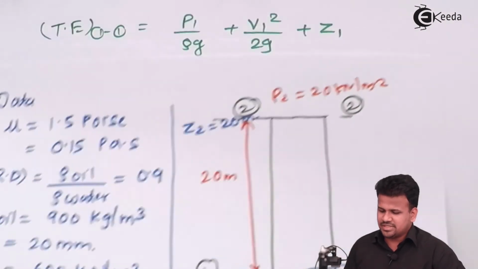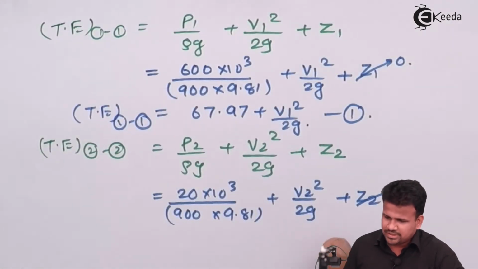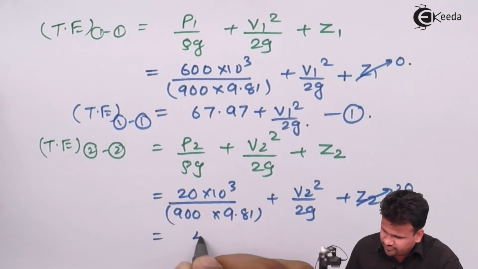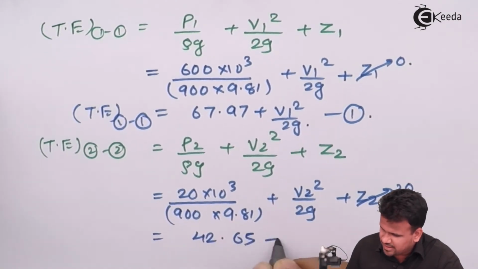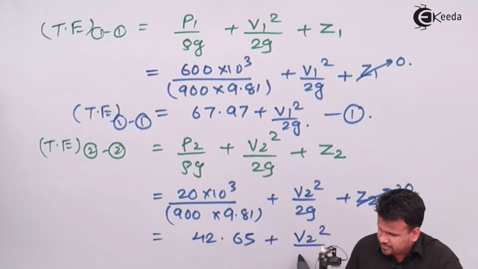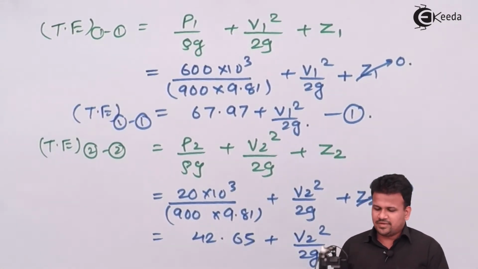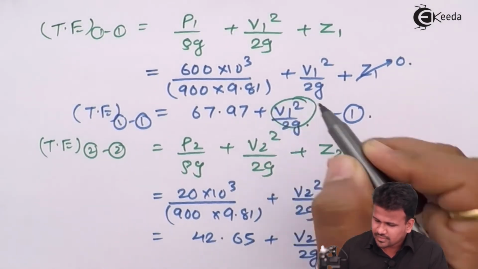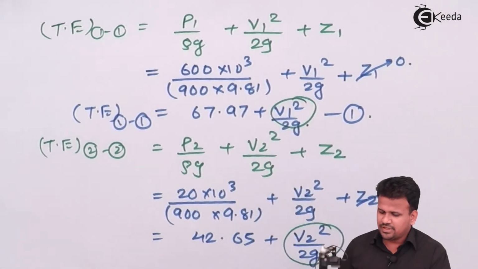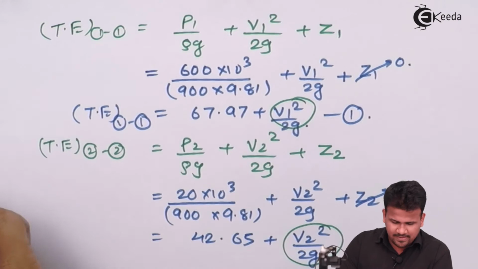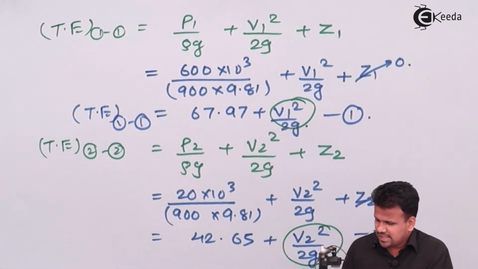So now let us substitute the value. Evaluating this will give you a value of 45.65 plus V2 square by 2g. Just now we proved one thing, that the velocity V1 and velocity V2 will be the same. Why are both the velocities the same?